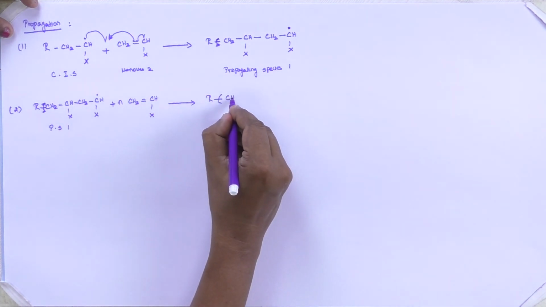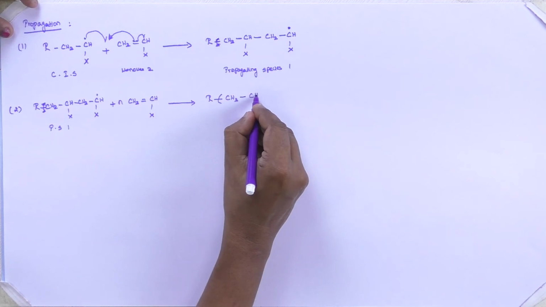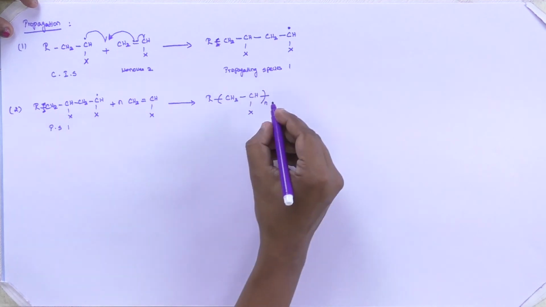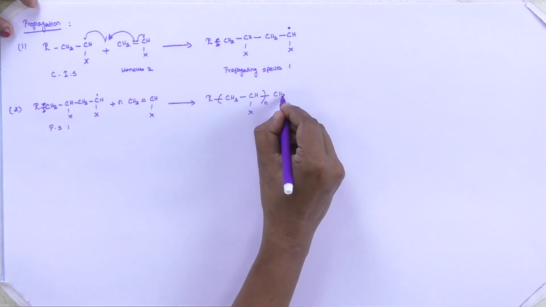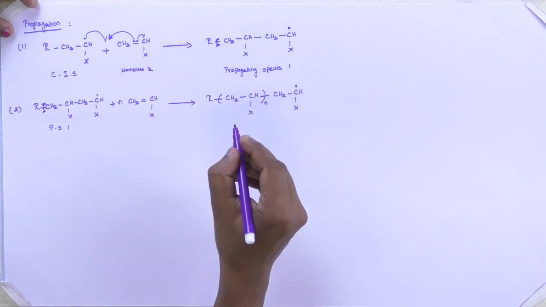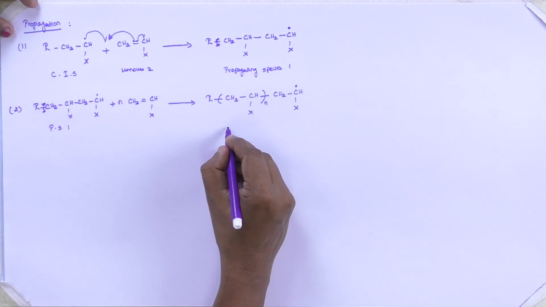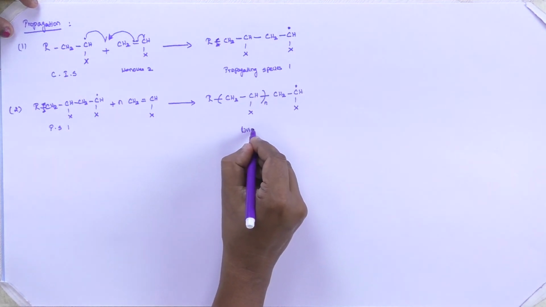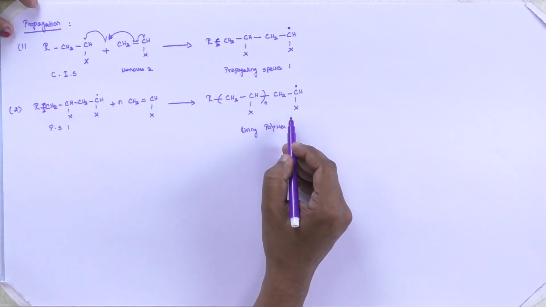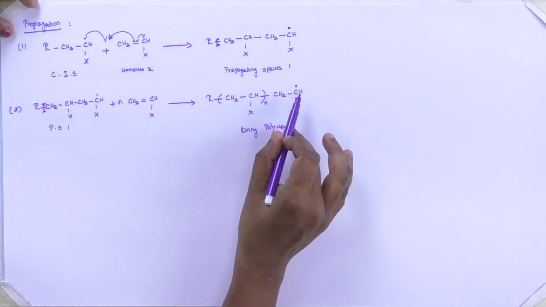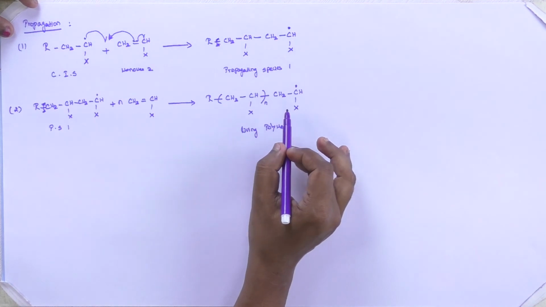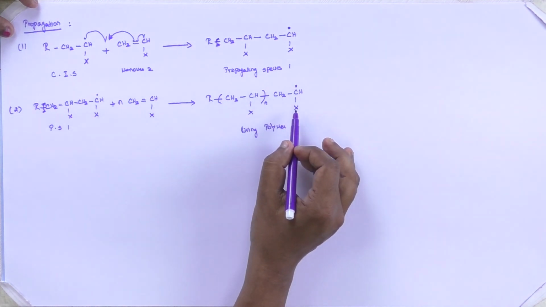I can write it as CH2 single bond CHX n times, as I am taking n molecules, and the terminal position will be CHX radical. So this is the propagating species, otherwise known as a living polymer, a polymer that is not dead. It was assumed in principle that this would form a growing polymer chain of very high molecular weight, but in nature termination occurs after some time.